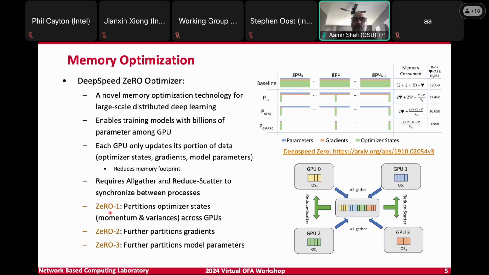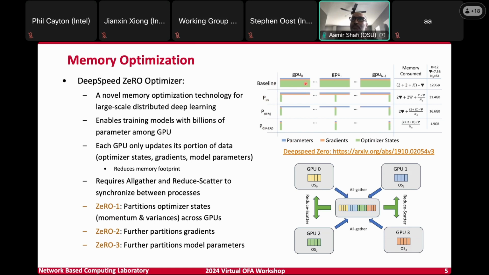zero technology: 0.1, 0.2, 0.3. Essentially, if we focus on the top right of the slide here, this top row is the baseline, right? So each GPU in the case of data parallelism is storing parameters, the blue portion. It's also storing gradients, and it's also storing the optimizer states. But as we are going down, so this is 0.1.